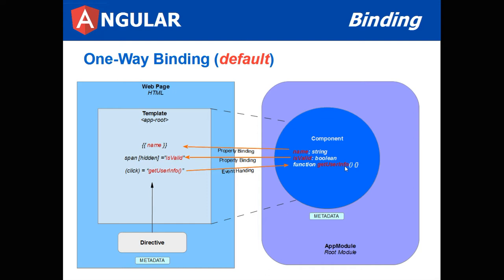Now, a lot of people get confused right away. Well, we're going both ways, but each binding is one way by default. This event handling goes from template to component. The attribute data binding goes from the component to the template. And of course, directives make all of this happen.